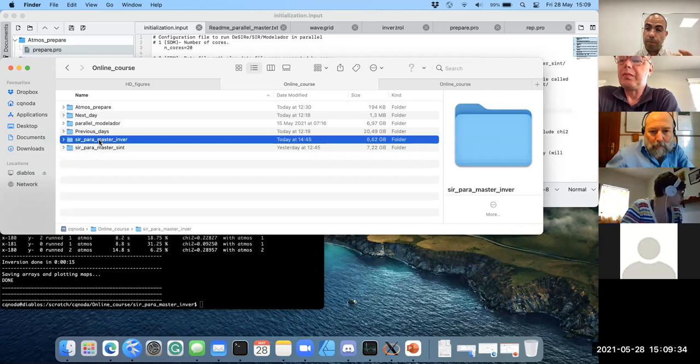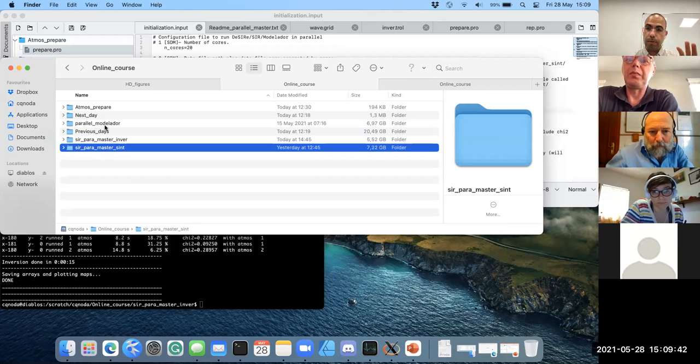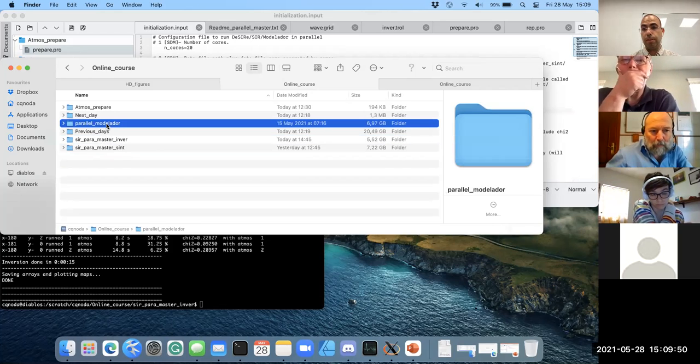And then when we are comparing the results, we are going to read the initial atmosphere that we computed in this folder. So we are keeping these 3 folders today. And the idea is that we are going to go back to them for the inversion, in this case, and for checking the result of the inversion in this case.